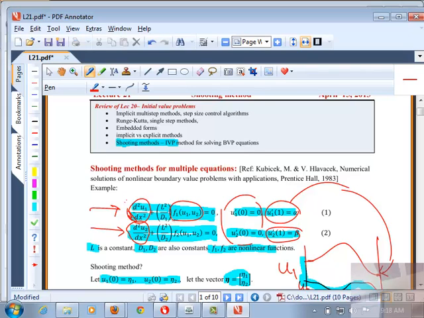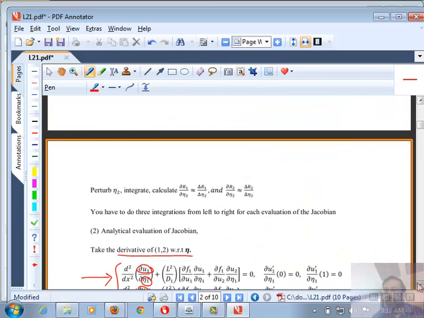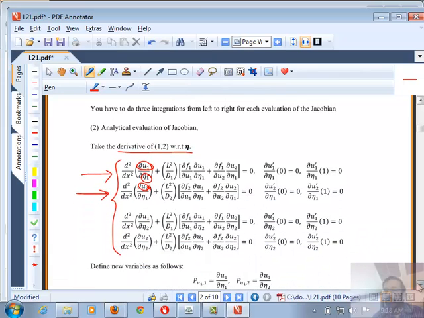So df1 with respect to du1, because f1 is a known function of u1, but u1 is a function of eta 1. So the chain rule says that it is df1 with respect to du1 and then du1 with respect to d eta 1. Similarly, f1 is a function of u2, but u2 is a function of eta 1, and this is the derivative with respect to eta 1 the first time. That is equal to 0.